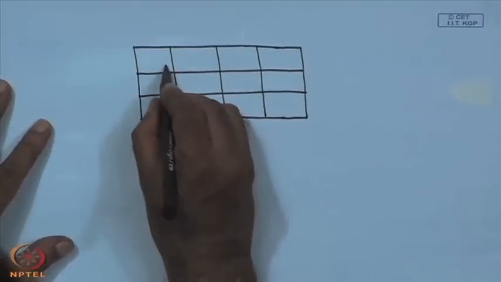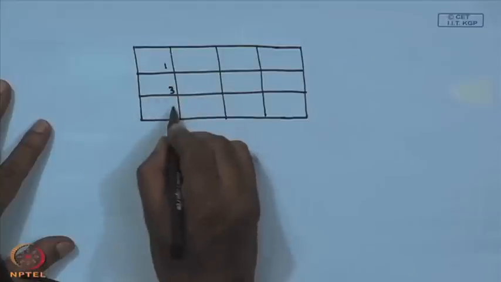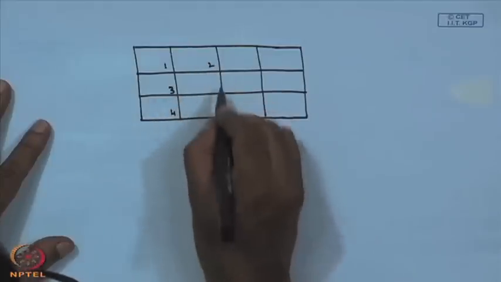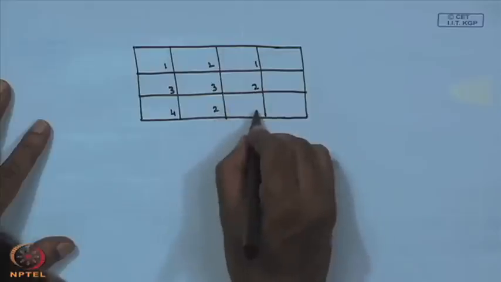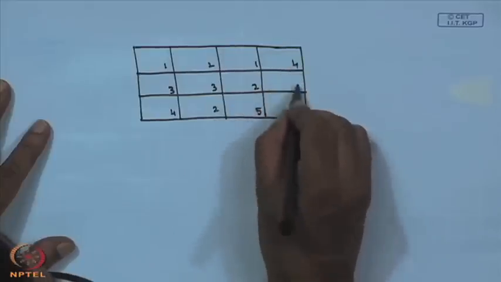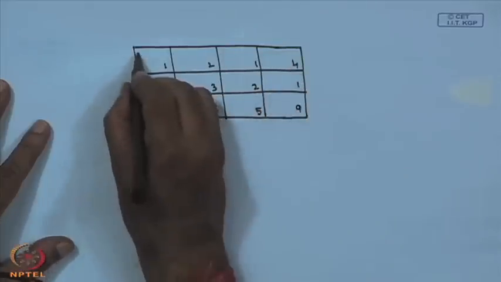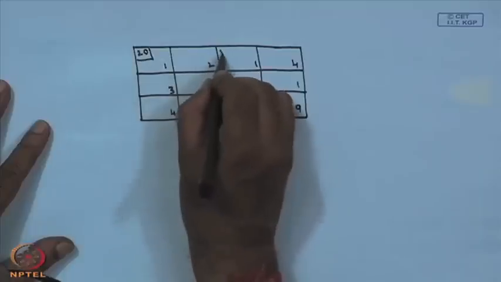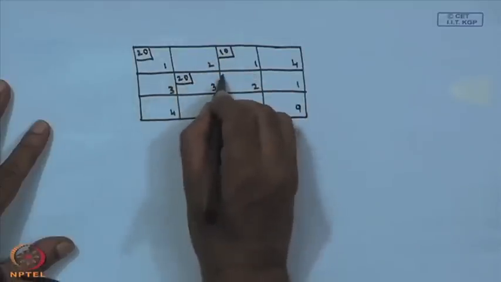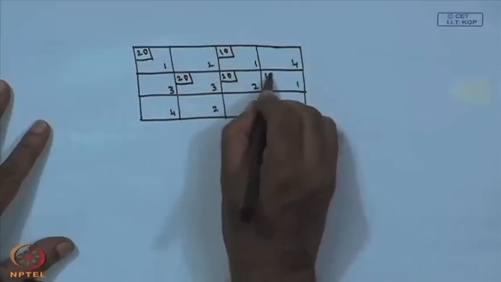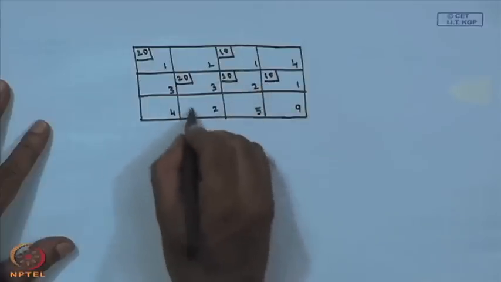The values are 1, 3, 4, column wise I am writing 2, 3, 2, this is the repetition 1, 2, 5, 4, 1 and 9. Allocations are 20 here, 10 here, then 20, 20 and 10 over here and 20 is coming here.